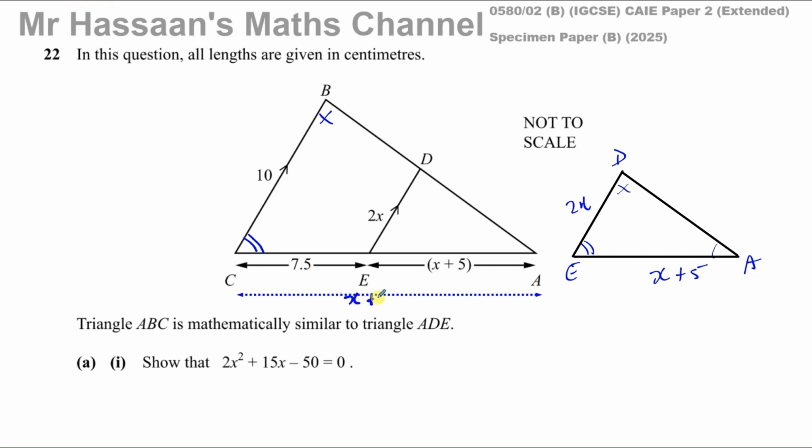That's x plus 12.5. Okay, that's the length from there to there. All right, so there we have these two triangles.